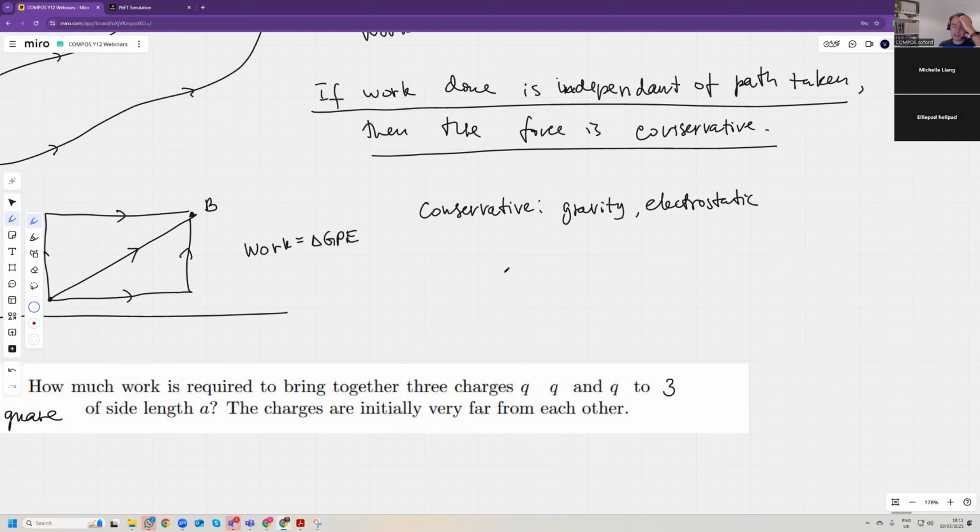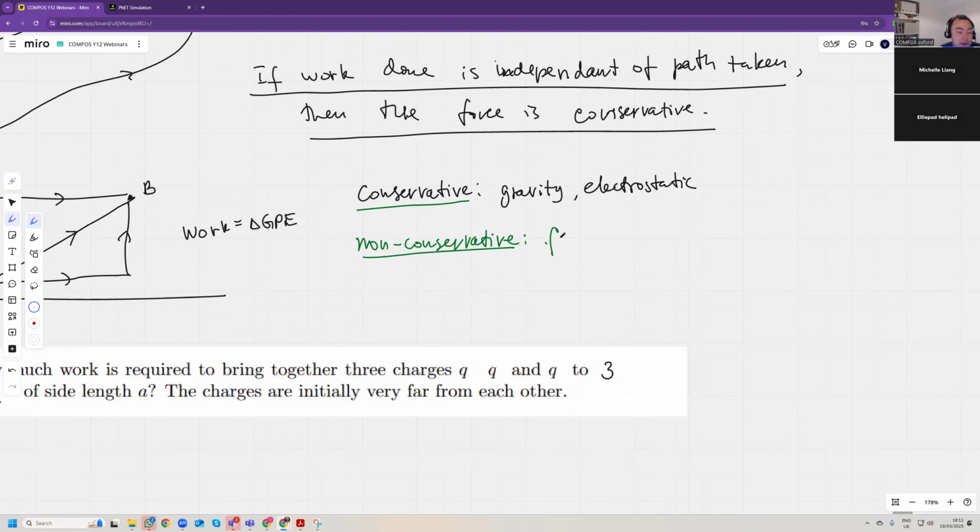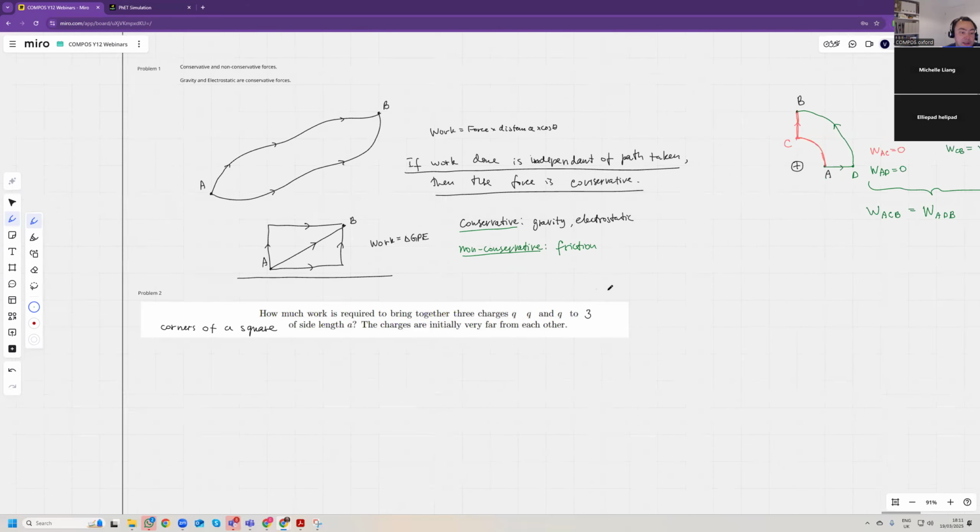An example of a non-conservative force? Do you think you can give me an example? They're also known as dissipative forces. Yeah, friction is a non-conservative force. Yes, friction, very good. Because if you take a longer path, you do more work because there's a bigger distance.